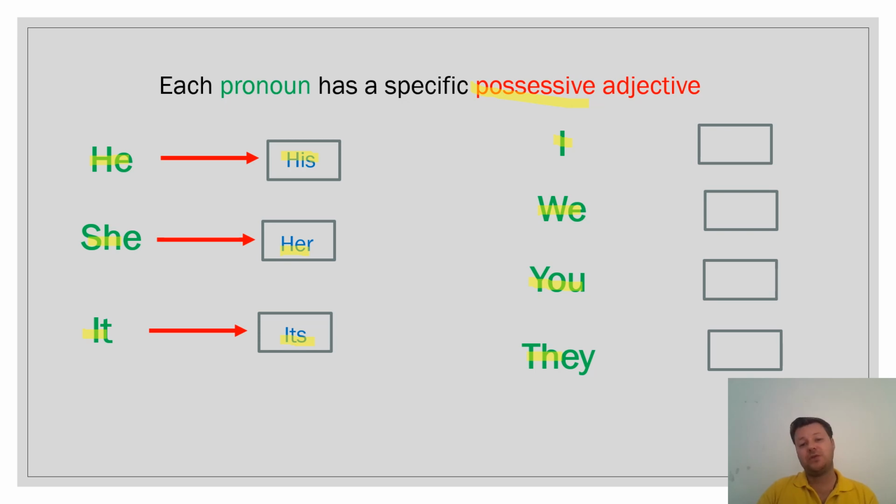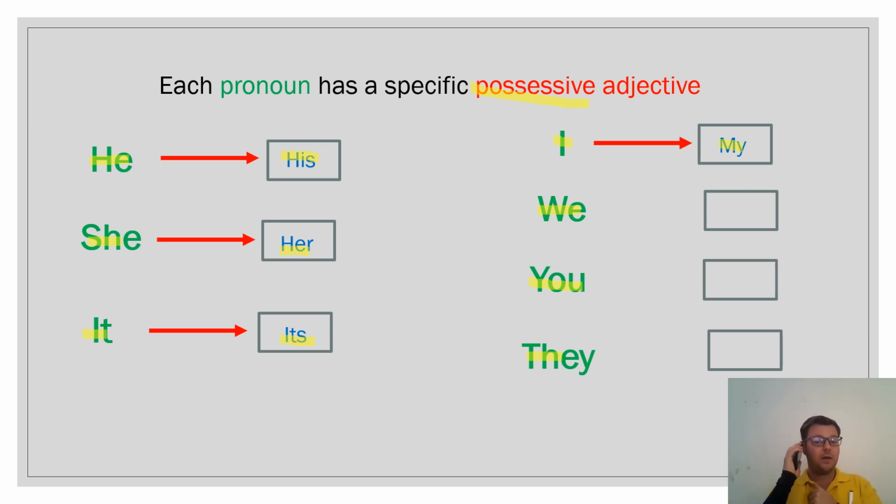Now let's move over to the pronoun I. This is when we talk about ourselves, yes? I. Show me a finger and say I. We are going to use my. My eyeglasses. My marker.